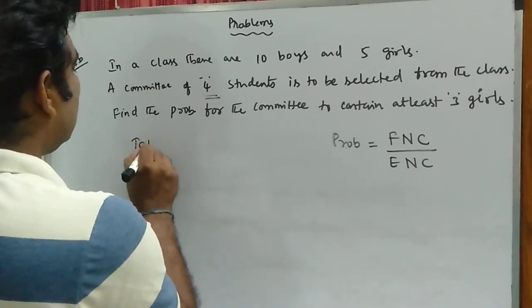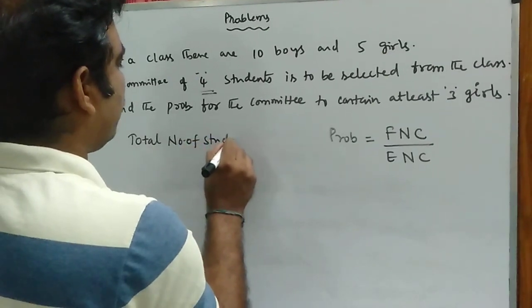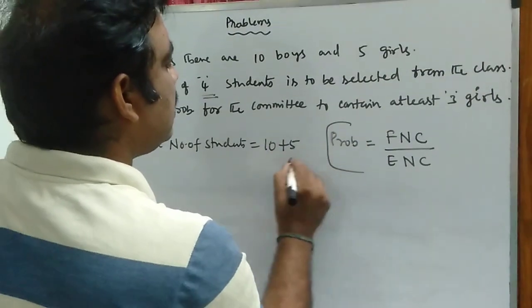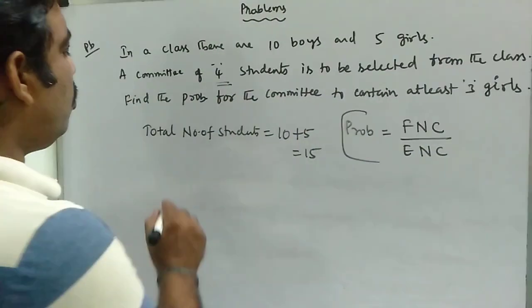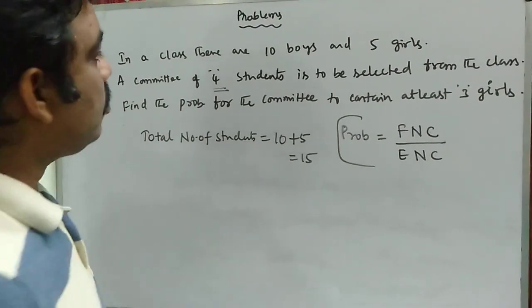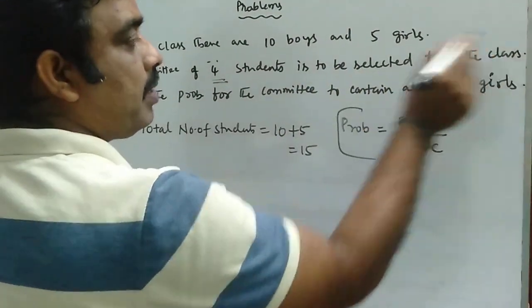Here the total number of students is equal to, so there are 10 boys and 5 girls, so that is equal to 15. Now to find the exhaustive number of cases, we have to select 4 students. A committee of 4 students is to be selected from the class.